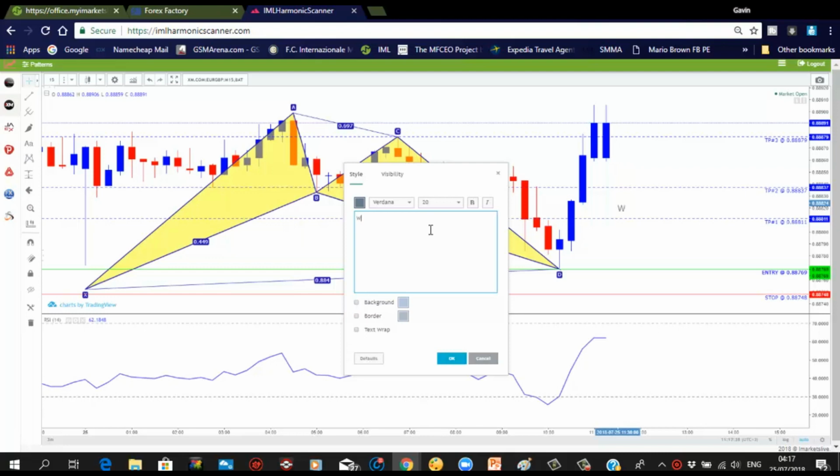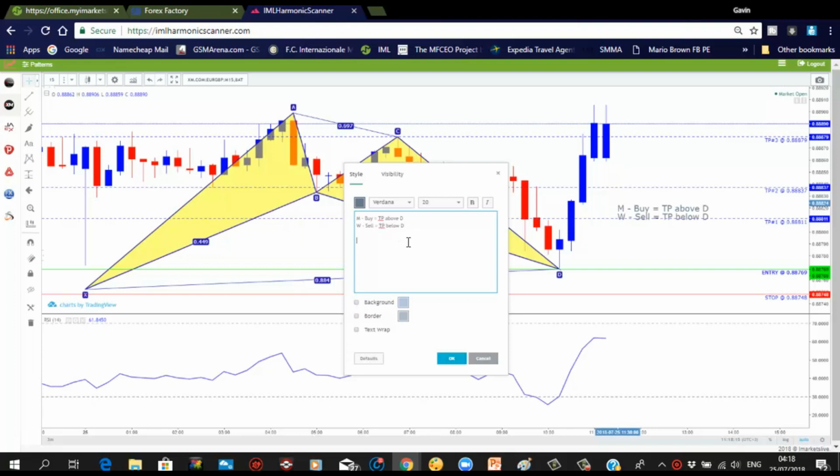Let's go with the M for buy, W for sell, right? And outside of that, for buy, TP above D, take profit above the D, and for sell, TP below D, right?